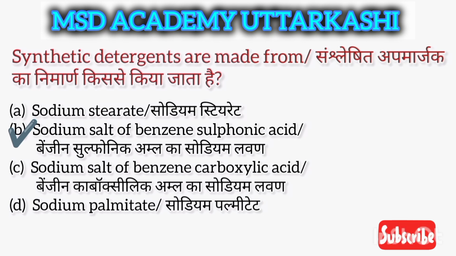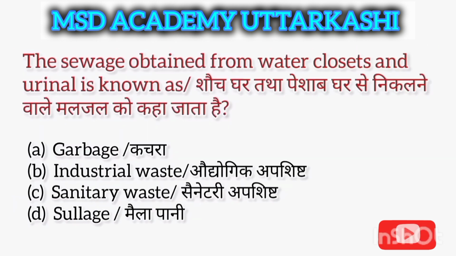Next question. The sewage obtained from water closet and urinal is known as option A garbage, option B industrial waste, option C sanitary waste, option D sewage.